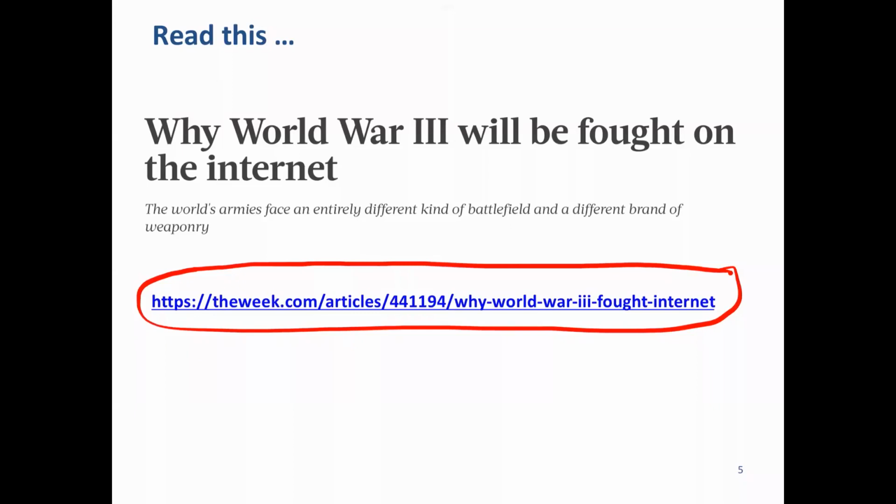Why use the internet? Why do we not use another word apart from internet? The internet is the network that connects everything. There's no other network that connects all assets or all people. The internet is the de facto network.